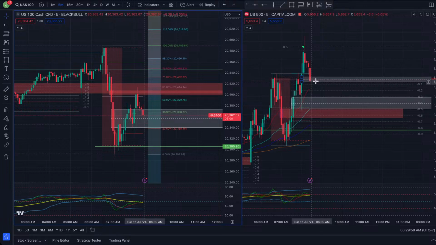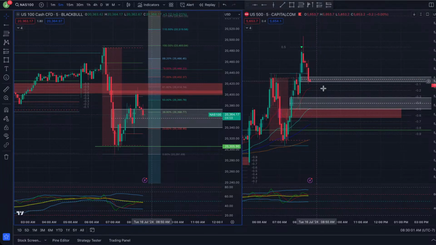I want to see another candle at least. This candle struggling.